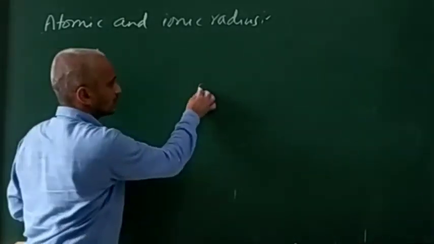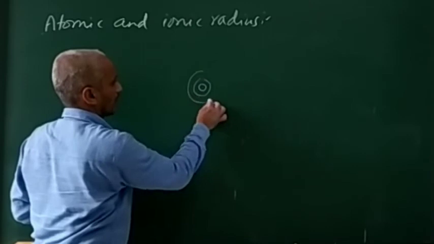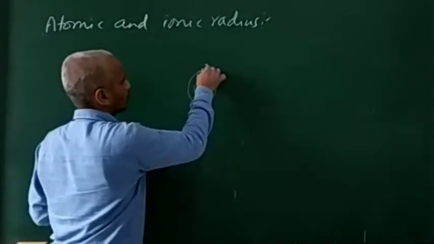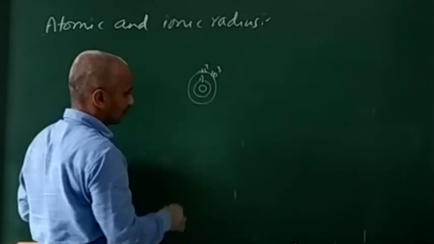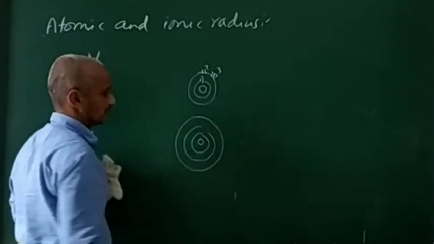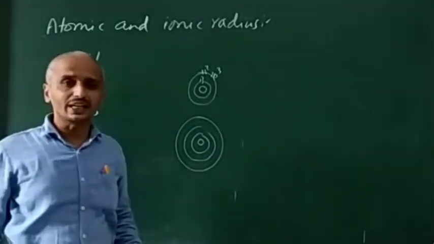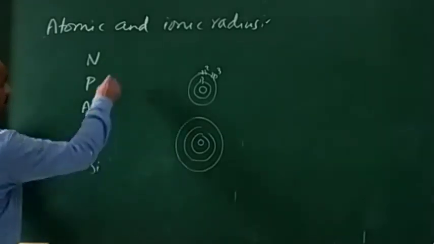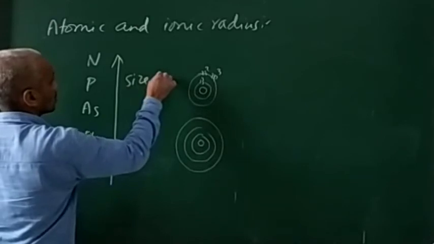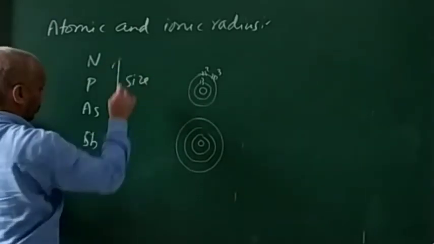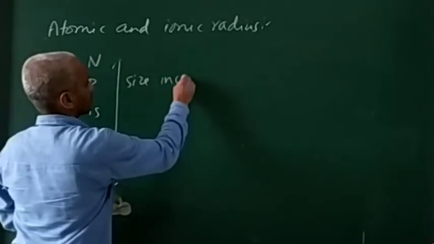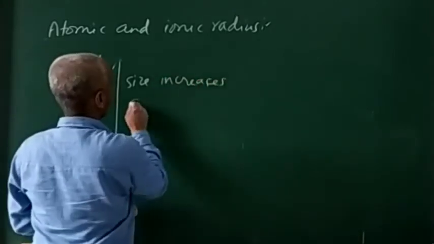See, nitrogen 1s2, 2s2, 2p3, only 2 shells are there. But phosphorus has 1, 2, 3. More and more shells are added down the group, which means size increases down the group.